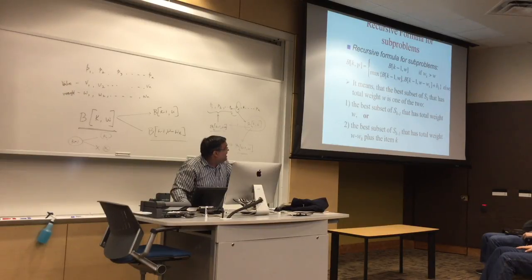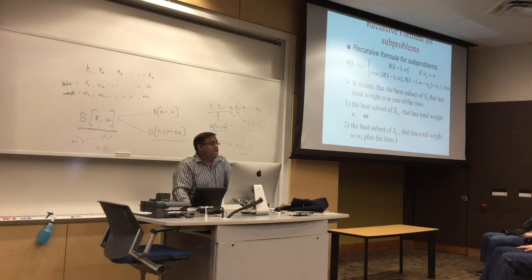W is my final weight after considering the Kth item. So it should be W minus WK, and then I chose the Kth item. You add plus WK, and this cancels. W is same as W. But if I choose the Kth item, I lose on the weight, but I benefit. I get to add plus BK, the benefit of choosing the Kth item.